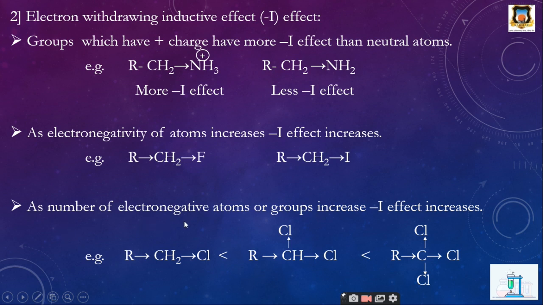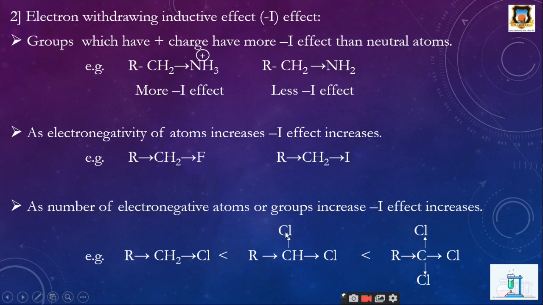Then the number of electronegative atoms or groups increases the minus I effect. All halogens exert minus I effect, or any other groups which exert minus I effect, and if these groups increase on the carbon atom, then the magnitude of this minus I effect goes on increasing. For example, here chlorine: there is only one chlorine, that is a primary halide.